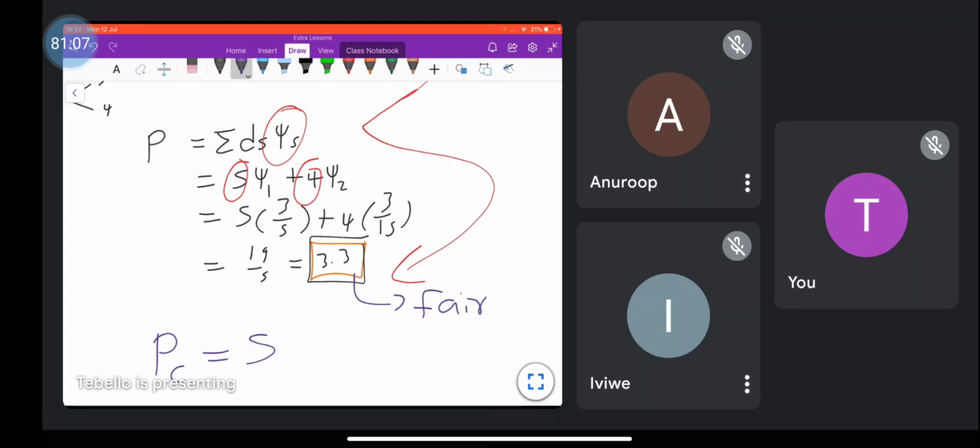If the price is 5, then there is an arbitrage opportunity, so you can try to find a way to exploit it.